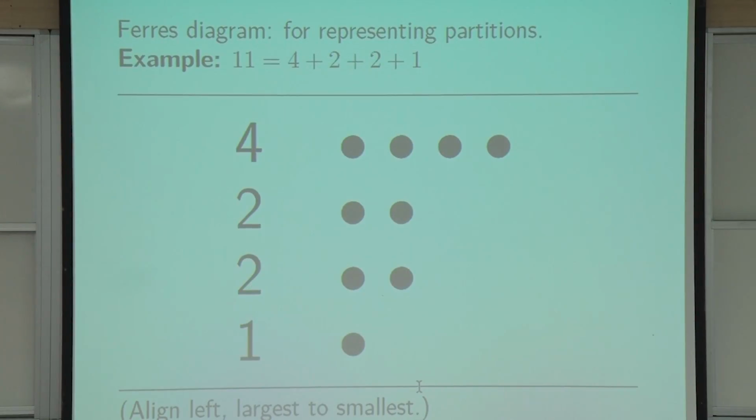For a simple example, if we want to show 11 can be divided into 4 plus 2 plus 2 plus 1, then we draw 4 dots in the first line, 2 dots in the second, 2 dots in the third, and 1 dot in the final one. The principle is we align each dot to the left, from the largest number to the smallest number. So this is a Ferrers diagram.